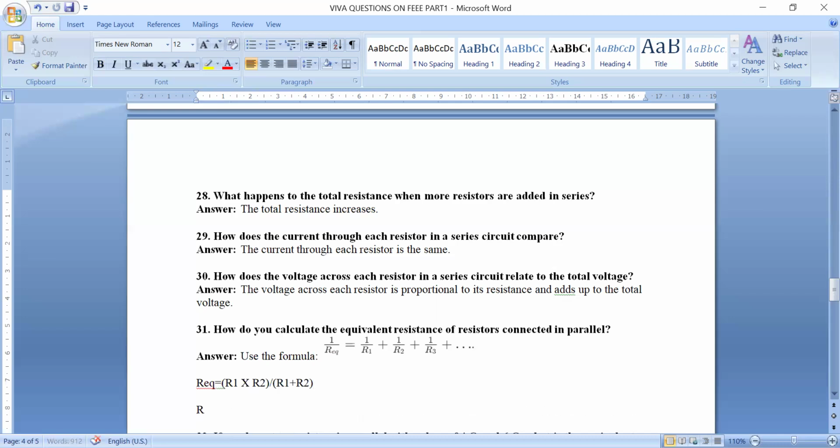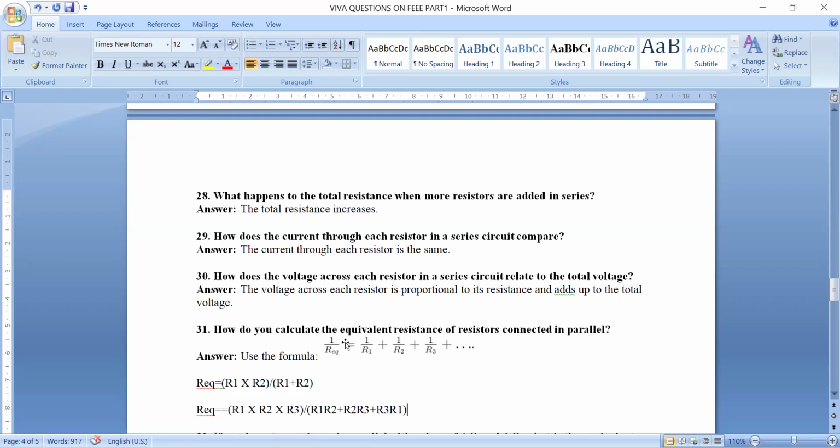If there are three resistances, how do you calculate the equivalent resistance? It is R1 into R2 into R3 divided by R1 R2 plus R2 R3 plus R3 R1.